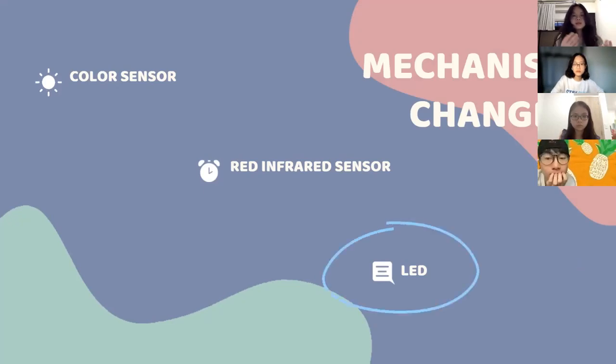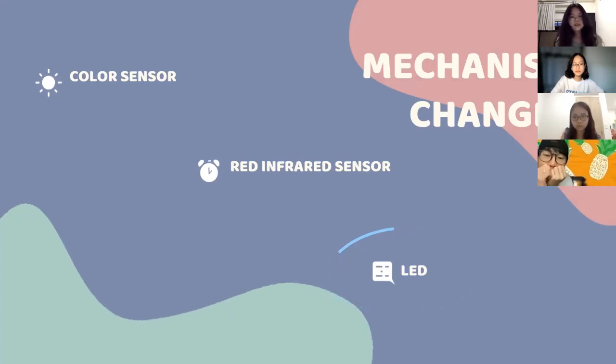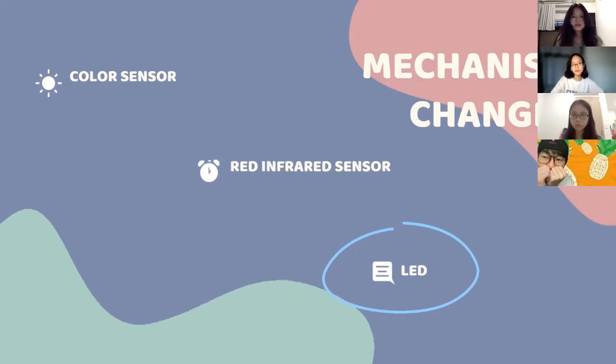We thought of different tools to make that possible. First one is a color sensor, next is an infrared sensor, but it doesn't work. It seems too hard for us. And lastly, we chose LED spin to make it possible.